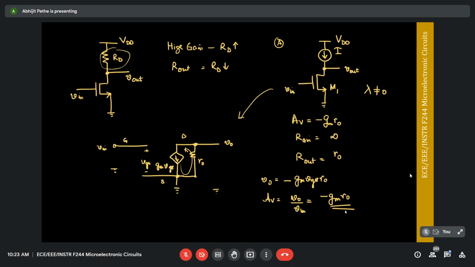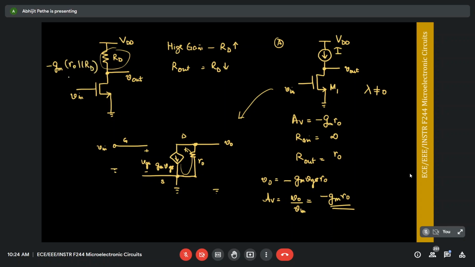But what I'm trying to get at is that the way to build a better amplifier in this topology is to find a way to replace the resistor with an ideal current source. Remember, in the earlier case your gain was minus gm (ro parallel RD).